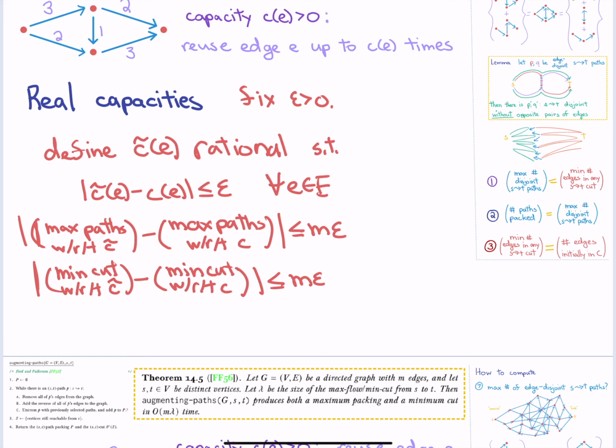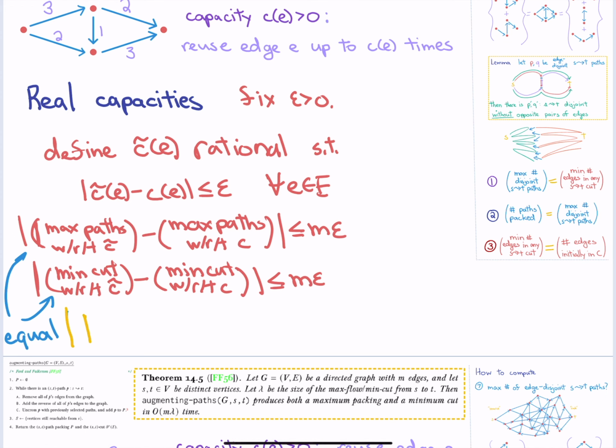Okay. And finally, we already know that for rational values, we have equality. We have the max is equal to min. So I also know that these two values are equal. So if we put all this together, it's a little bit dry, so bear with me.